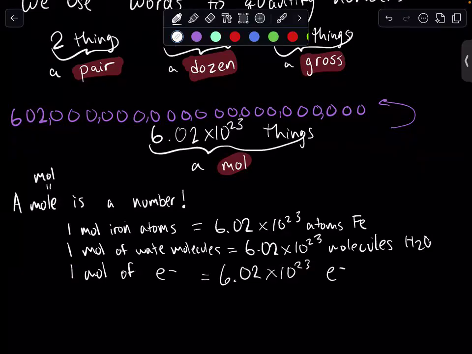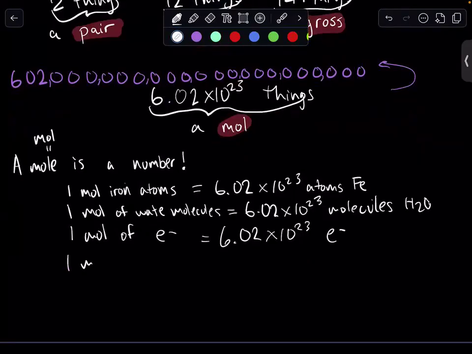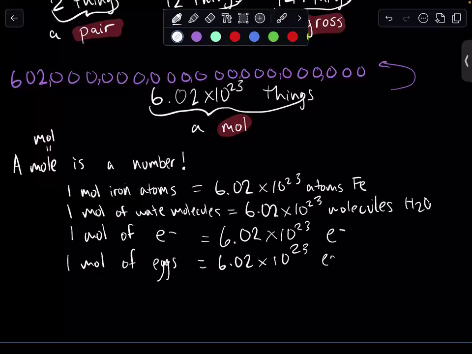If I said 1 dozen iron atoms, it would be 12 iron atoms. So we can just say mole, and it's the same thing every time. Heck, 1 mole of egg is 6.02 times 10 to the 23rd egg. So I hope this clarifies the point that mole is just a number.